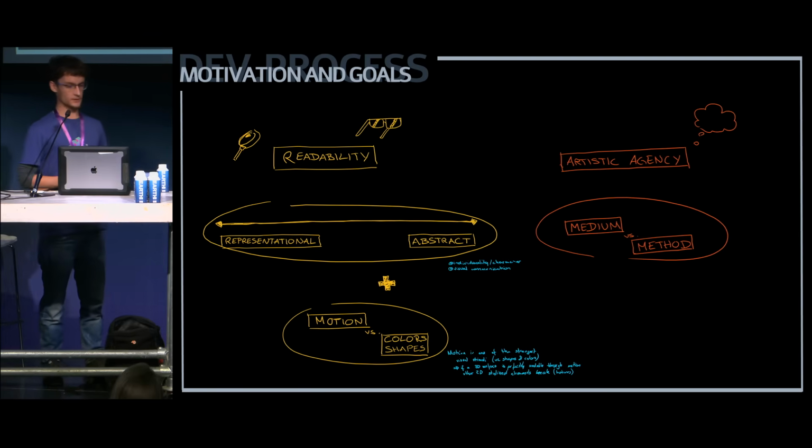Then the other thing is artistic agency, and it's going to be very artsy, but it's this difference between medium and method, which might seem like the same thing, but from an artistic perspective I would say there are differences. Take acrylic painting as an example. If you try to paint acrylics with very crazy transitions, almost like you would use oil paints, you use it as a method, because acrylic is a color that dries quickly, so you wouldn't do that.